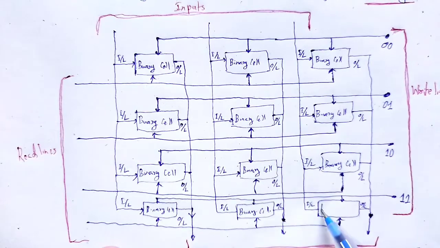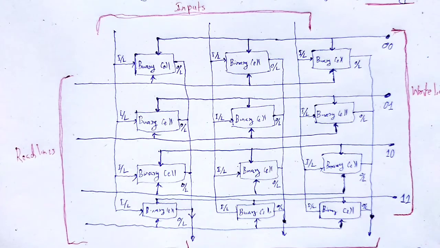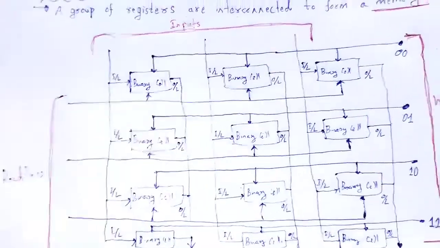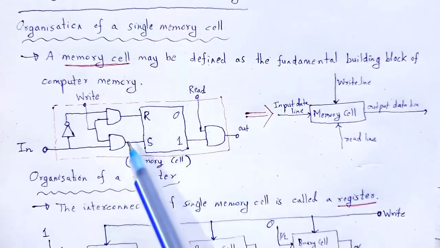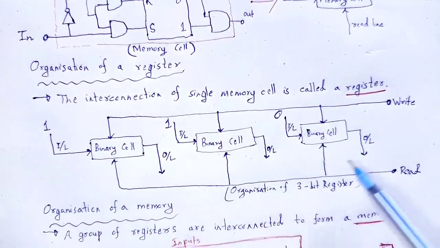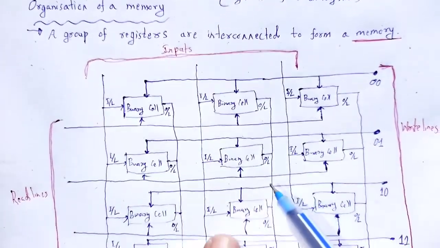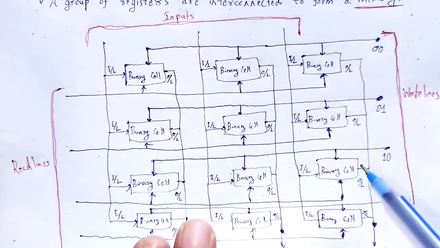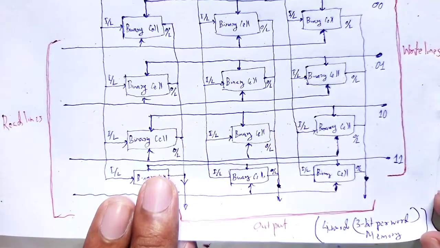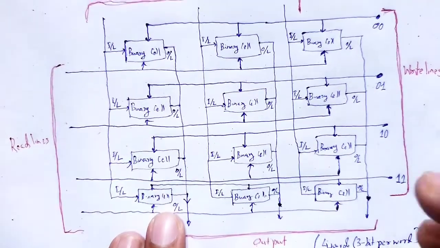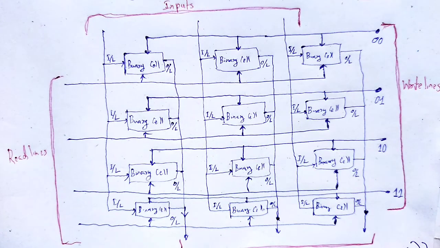Binary cells, or we can say memory cells, are the building blocks of computer memory. In this way we organize the memory. First the memory cell, then registers, an example being a 3-bit register, and finally the computer memory, which is the interconnection of registers. An example is a 4-word, 3-bit word memory. This is the organization of computer memory.